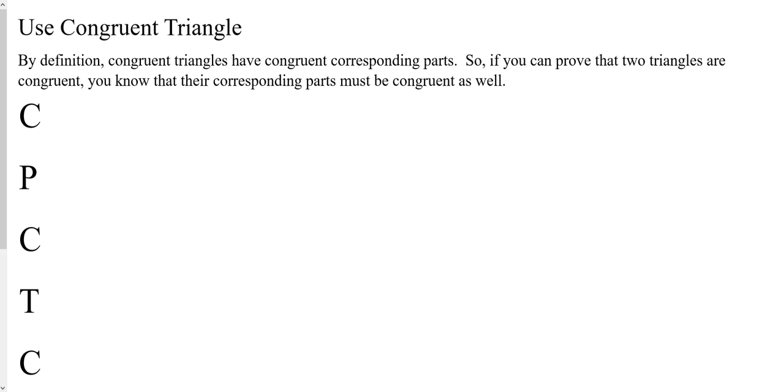Now we're going to get on to a point where we can take the proof a step further, or even two steps further if we need to, and prove things that we might actually need to know. So if we know that the triangles are congruent to each other, like on our last proof we proved that the triangles were congruent, then I know that the things that I didn't already know were congruent are congruent after that. So we use CPCTC for that, and I know that can be kind of difficult to remember, but it's not bad once you say it a few times.